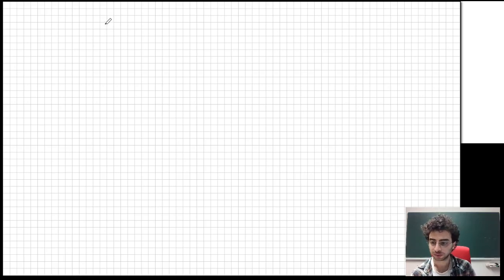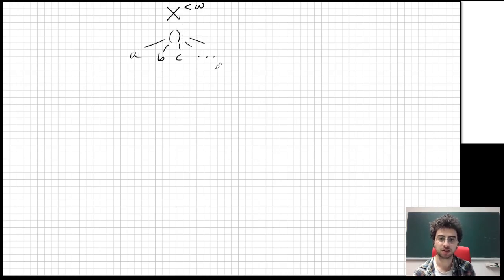So if we just have the finite words, there is an even more intuitive way to order these words by simply taking the empty word, then taking A, B, C, and so on. It could be infinitely many if we want, depending on what X is.